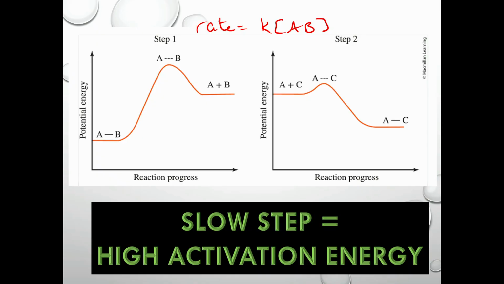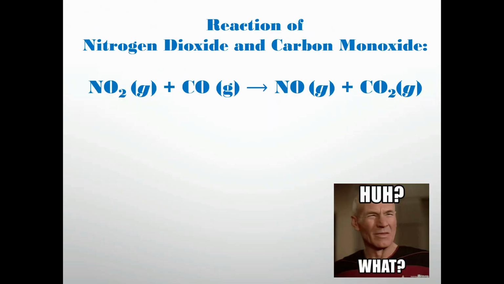So my rate law here does not match my stoichiometry because C isn't involved in the slow step. That's my activation energy. You can see the difference between the two, and the one with the larger activation energy determines the rate.